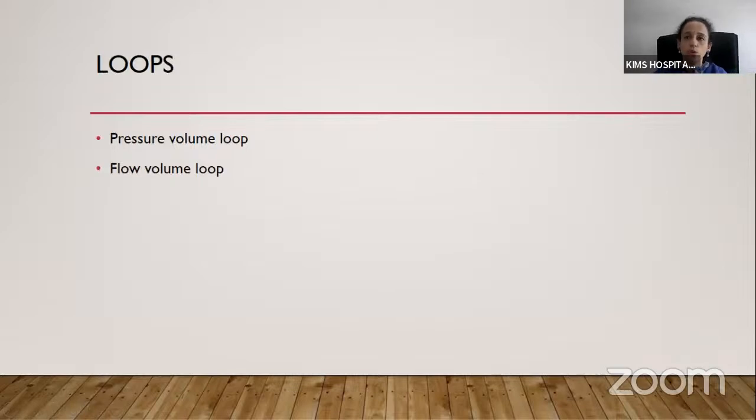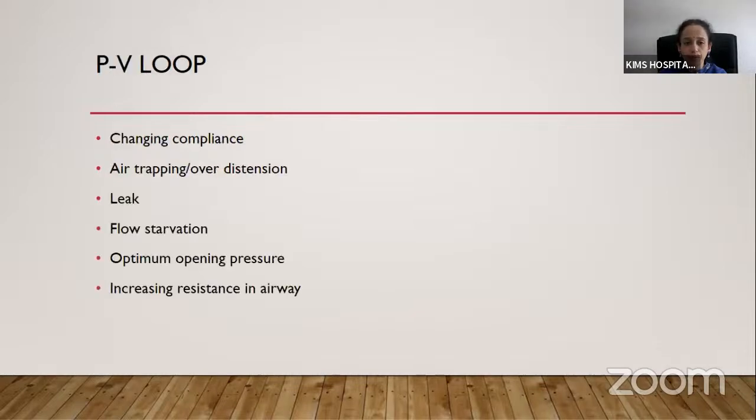Let's go to the loops now. We have completed the scalars and we have seen what problems we can identify from the scalars. Let's go to the two loops, pressure volume loop and flow volume loop. So what information will we get from the pressure volume loop? We can know the changing compliance.